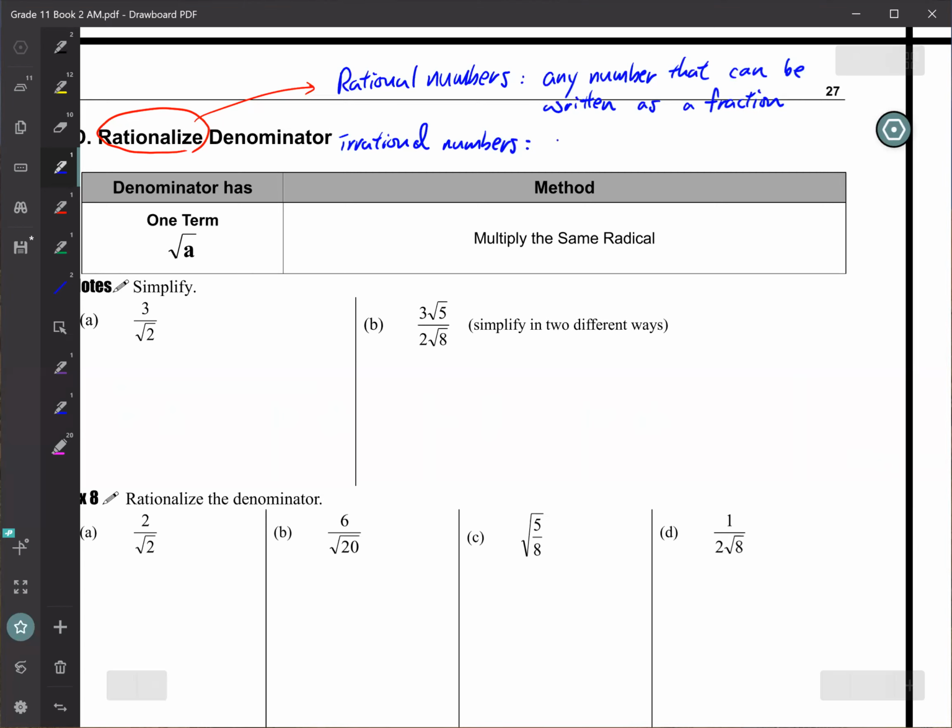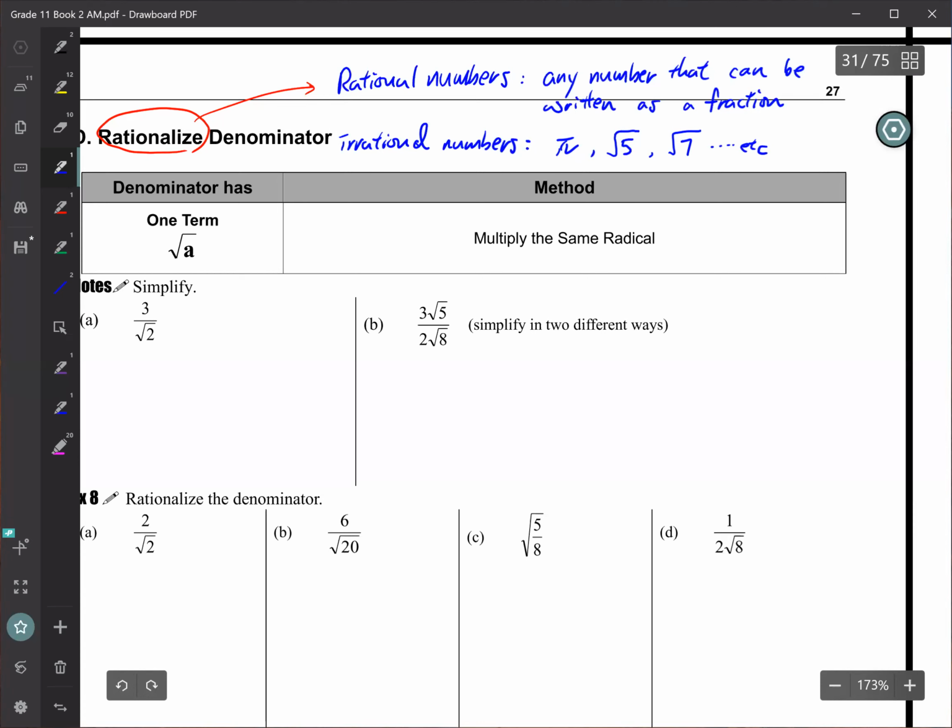For example, pi, or the square root of a non-perfect square. So let's say root 5. If you type it into the calculator, it will be 2 point something, and then it goes crazy, just random numbers. So that's irrational. If it's the square root of 4, then that will be rational, because square root of 4 becomes 2, and 2 you can write as a fraction. So numbers like square root 5, square root of 7, etc. are irrational.